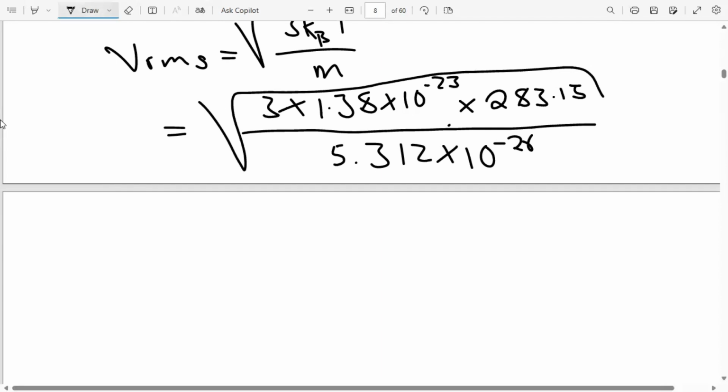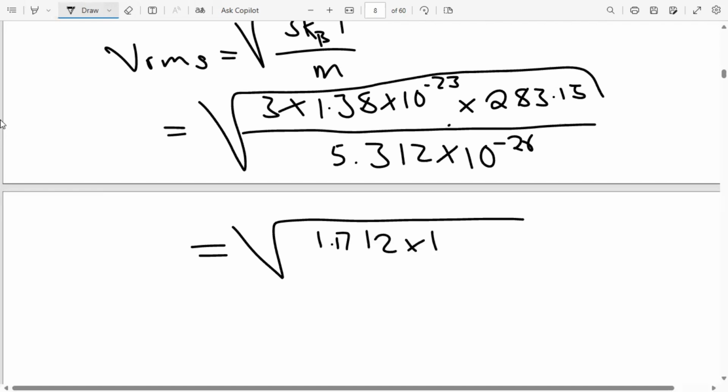So I'll calculate the numerator. I multiply 3 by 1.38 times 10 to the power minus 23 multiplied by 283.15. This is giving me 1.1712 times 10 to the power minus 20, divided by 5.312 times 10 to the power minus 26.